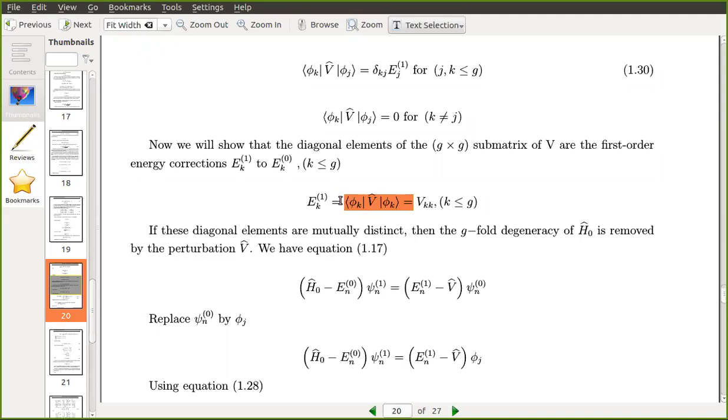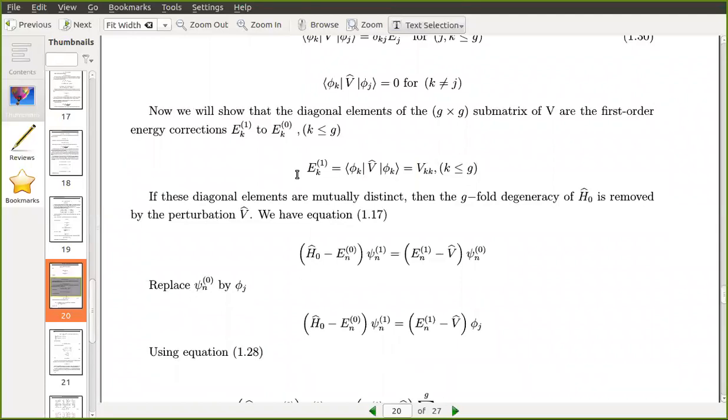So we obtained the correction factors Ek of 1. We have already diagonalized V in the new basis and obtained the correction factors Ek of 1 to the Ek of 0, the ground state.